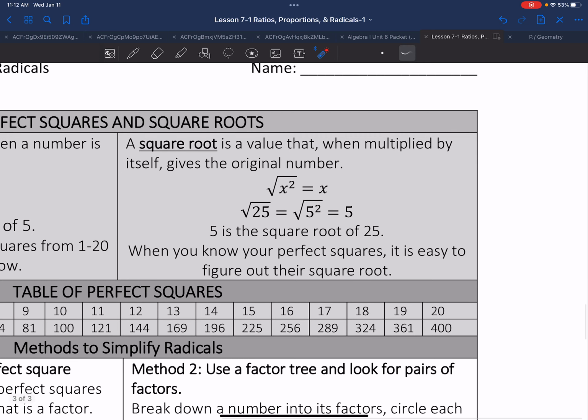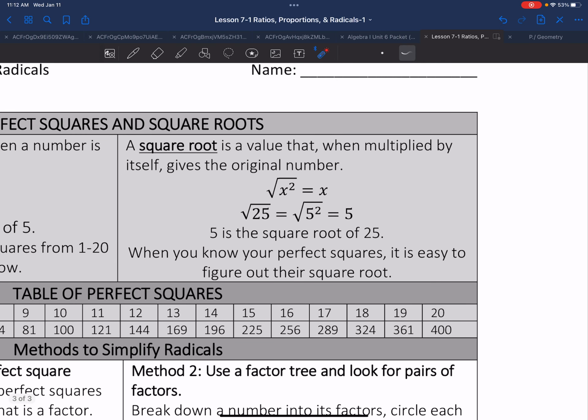A square root is a value that, when multiplied by itself, gives the original number, right? So the thing that you've been doing in Algebra 1, you know the inverse operations for solving for x, right? You know that the opposite of addition is subtraction, and the opposite of division is multiplication, right? And vice versa.